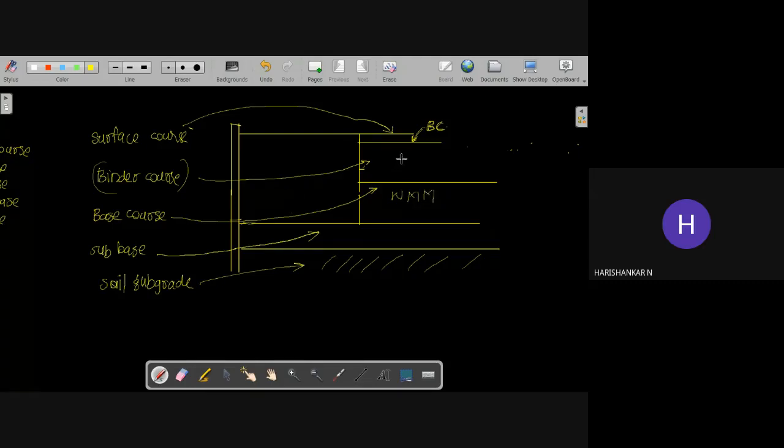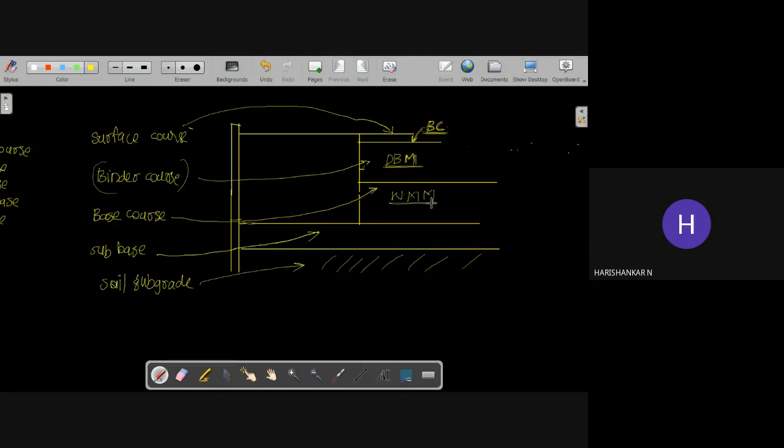In the binder course you have to provide dense bituminous macadam. Here you can provide the bituminous quantity, and here you can provide the dense bituminous macadam. And this has a particular procedure for the mix design that we will discuss.